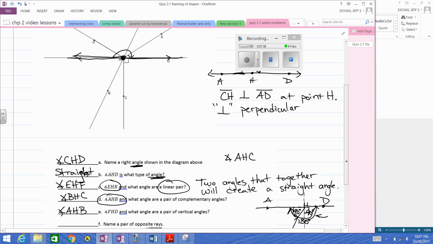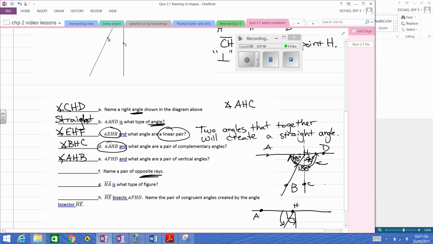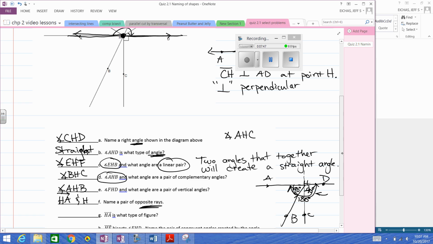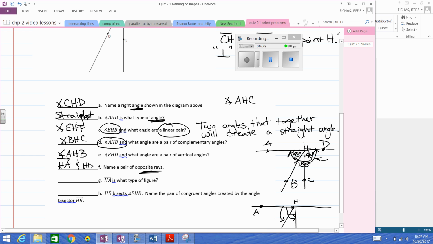Opposite rays should make a 180-degree angle. So it's HA, the ray symbol, and HD, it looks like.